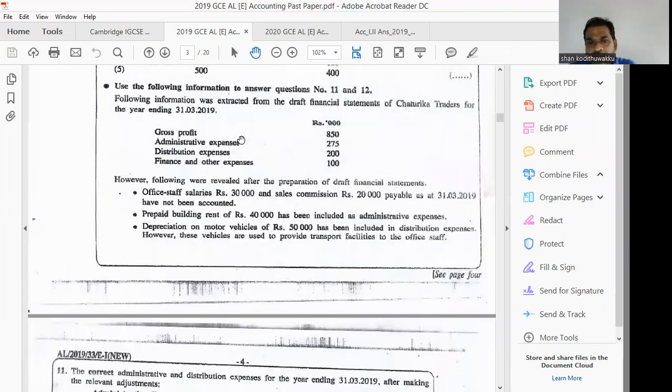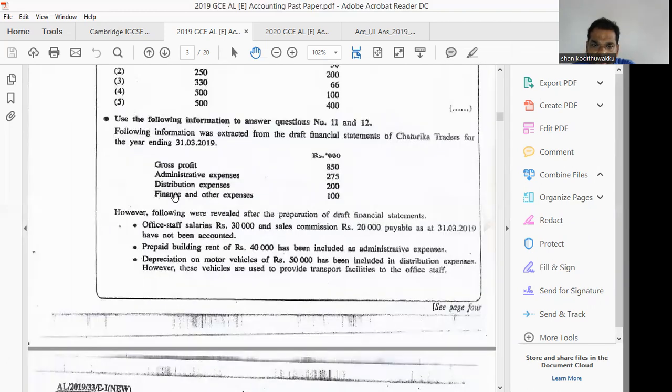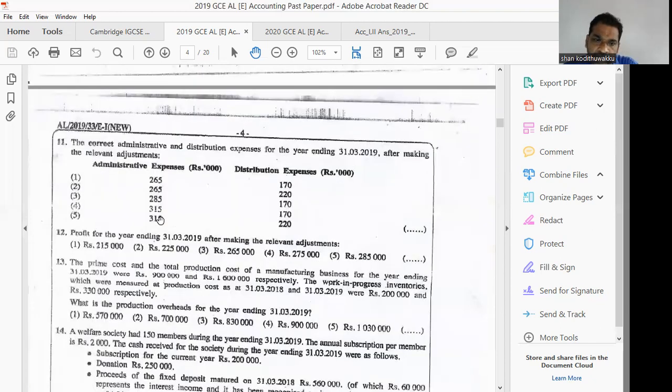If I explain again, 850 is the gross profit. From that, correct administrative expenses 315, distribution expenses 170. Total is 485, and given finance and other expenses 100.